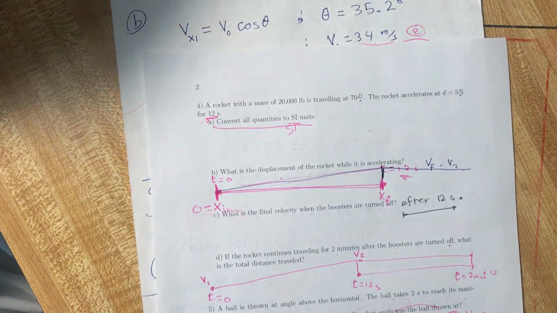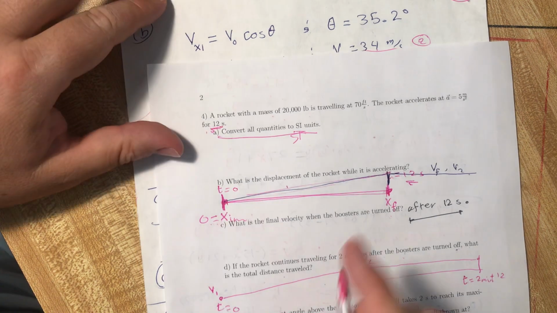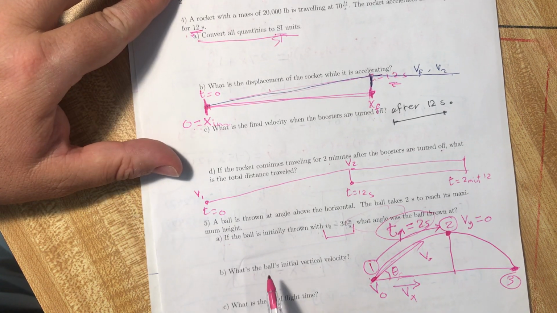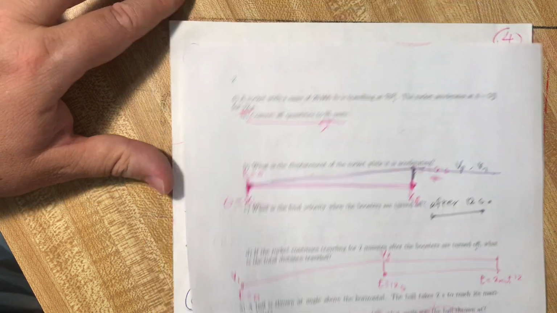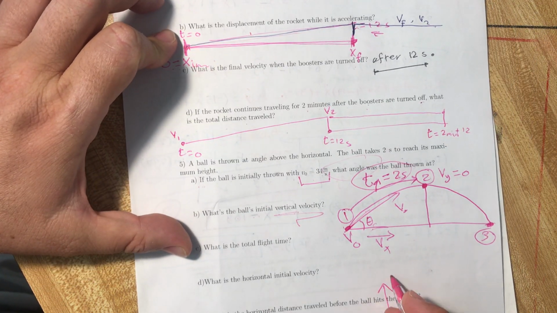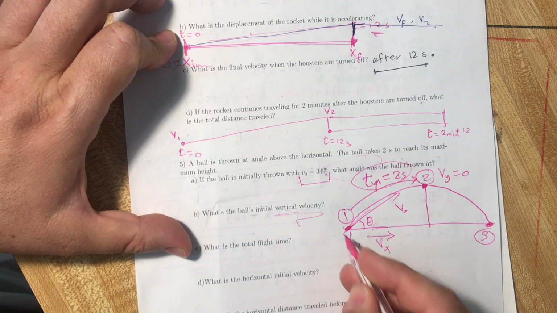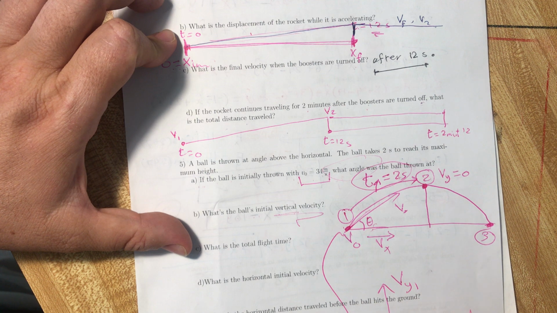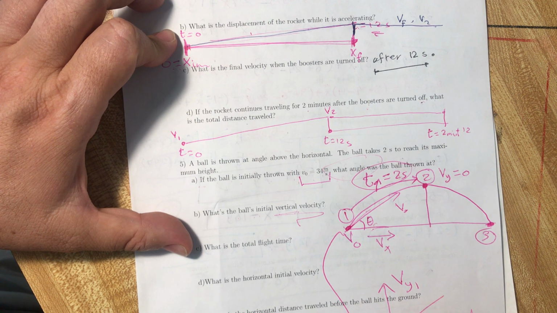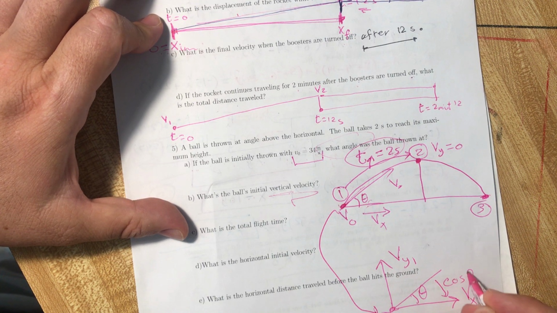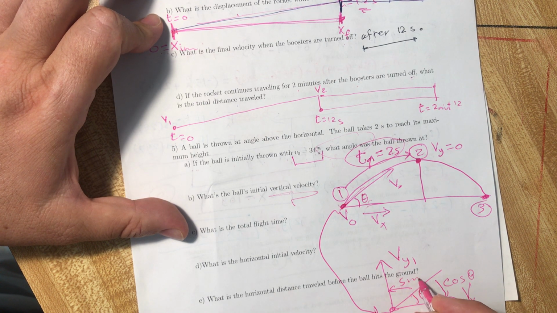What about part B? What is the ball's initial vertical velocity? We need the vertical velocity. This is point 1, Vy1, and we have horizontal velocity, which is Vx1. This is theta. In this direction, we need to compute cosine theta, and in this direction sine theta.